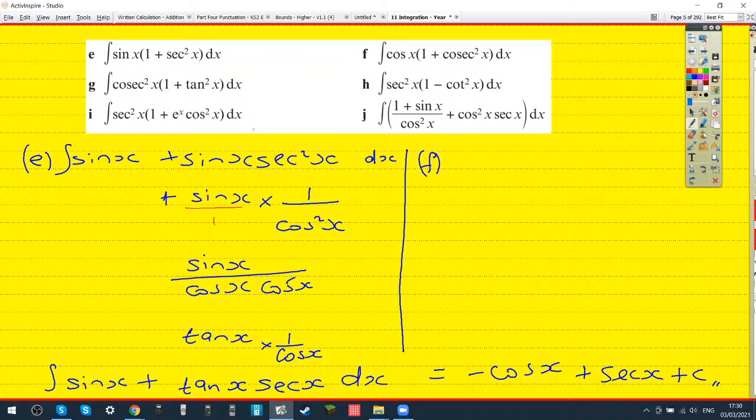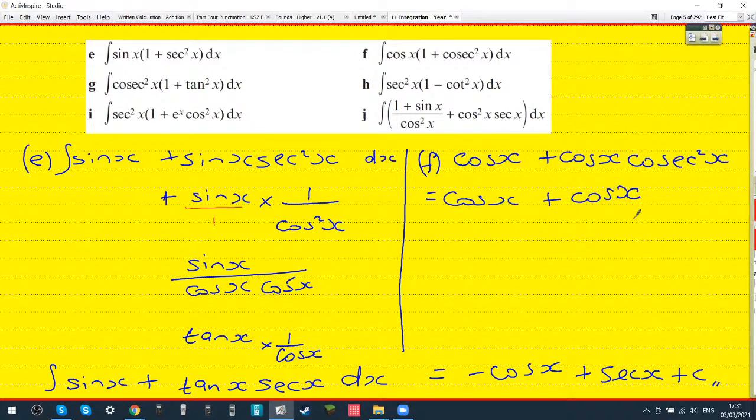Okay. F. We expand the bracket, so cos x plus... And if you do cos x times 1 over sin squared x, we get cos x over sin x, which is the same as cot x. And the other one?